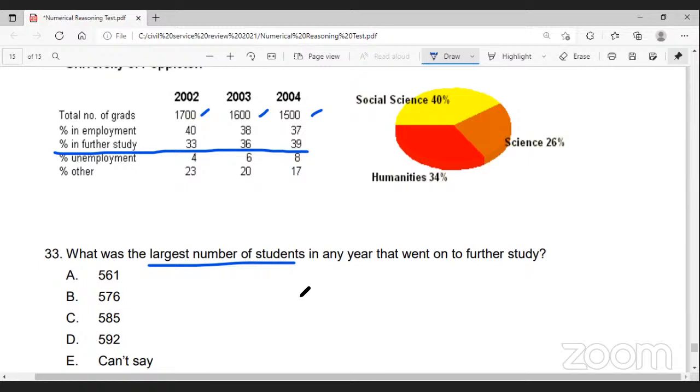Multiply 33 and 1,700. If we multiply that, we get... Mark, can I assign Mark? 56,100.